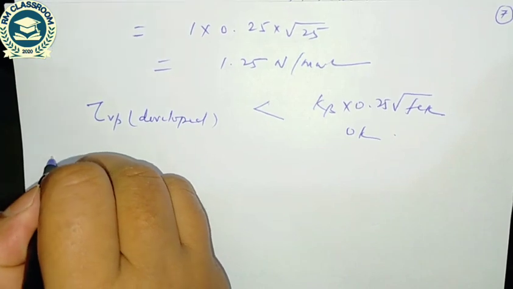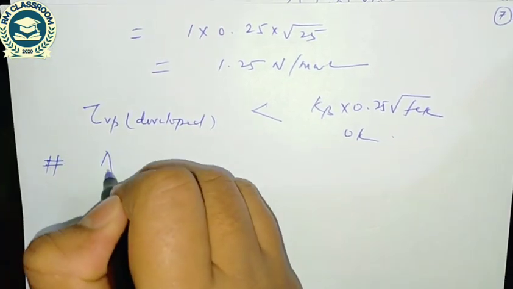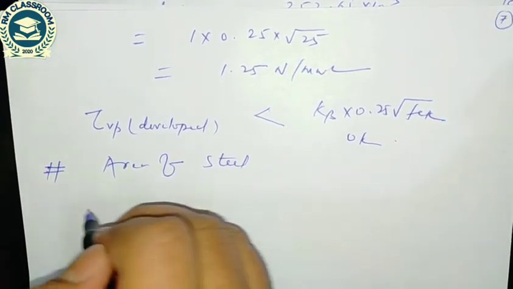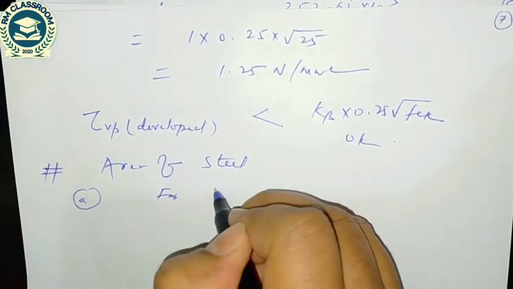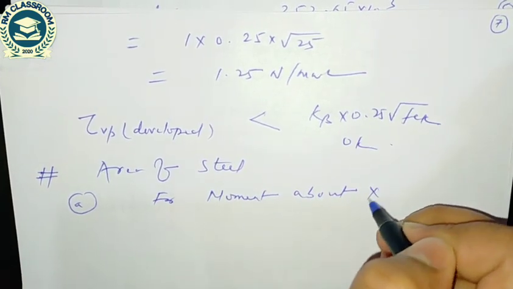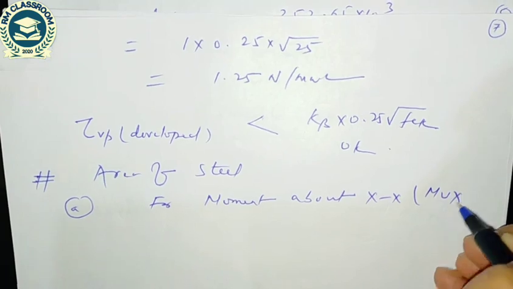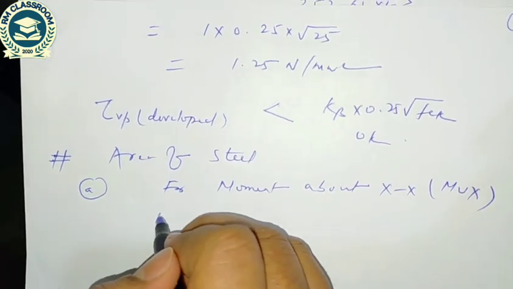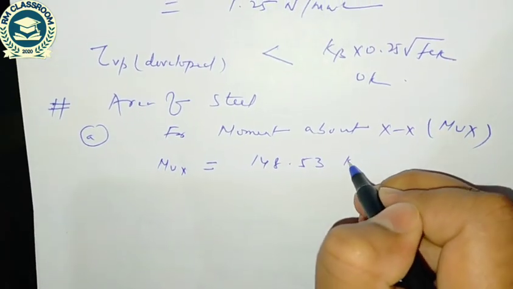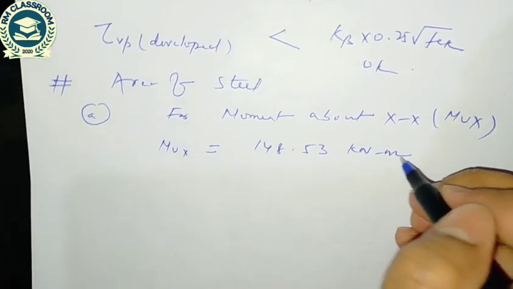Now the next step is area of steel. Area of steel can be computed for moment about xx, MUX. MUX we have already computed, 148.53 kilonewton meter, and this is for 1 meter width.